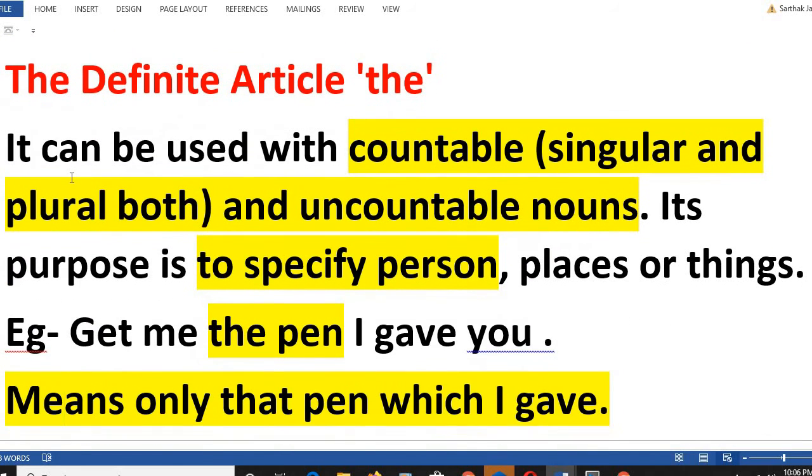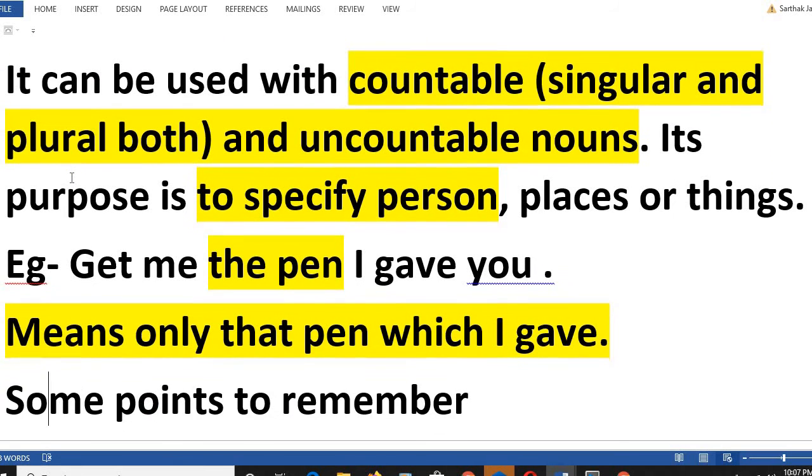Okay. Now we will understand the uses of article the. This can be used with countable and uncountable nouns both, singular and plural both. There are no limitations. Its purpose, just note it down, is to specify a person, place, thing or any other object.